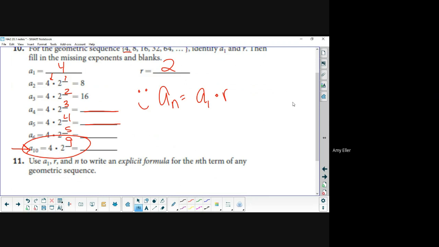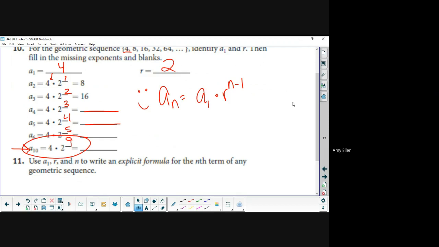You're on the right track. r to the n. Yeah, to the power of, and then you were right, n minus 1. Try not to say a sub n, just n. Yep. So your first term, ours was 4, times your ratio 2, and you're going to do that n minus 1 times. If you want, you can label this explicit. This is the one you're going to use.